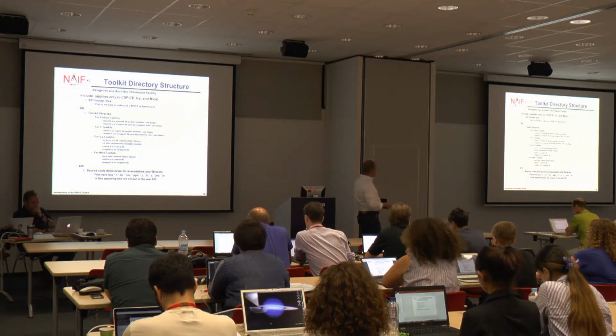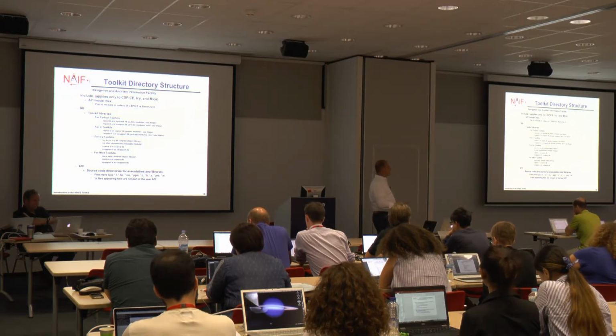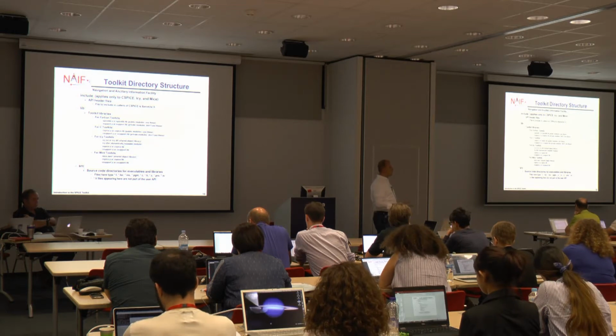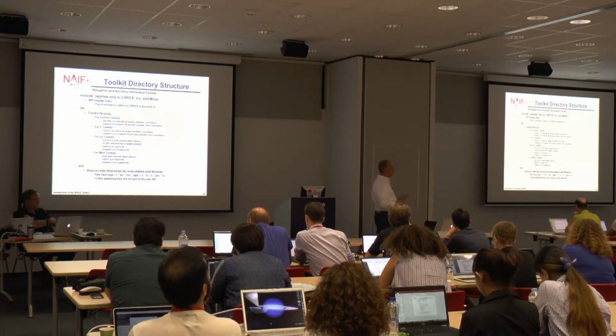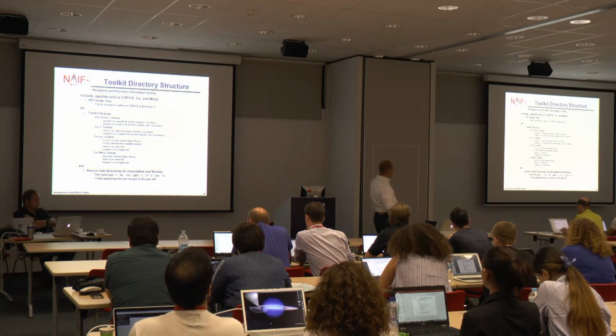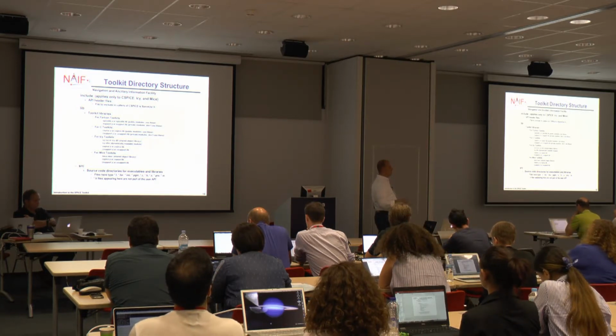Finally, under the source subdirectory, we provide all source code for all libraries and all utilities, all programs that are part of the toolkit. Under this source directory, you will see subdirectories which correspond to the name of the library or the name of the utilities.